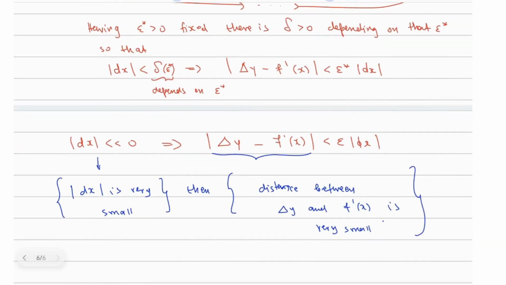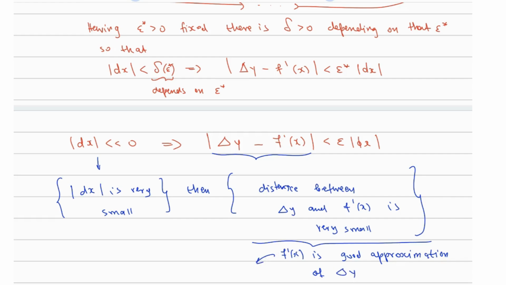But what does that mean? That means exactly what we want. f prime of x dx is a good approximation of delta y.